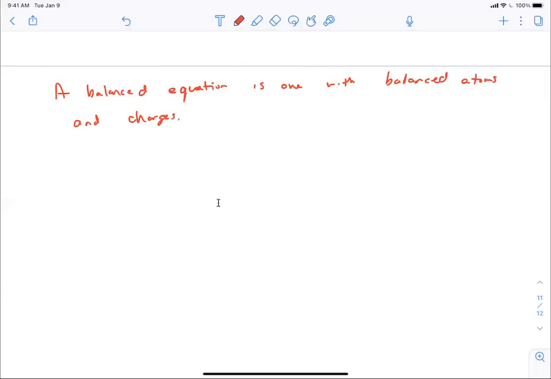All the balancing you did in 10th and 11th grade was generally with everything neutral, so you didn't have to worry about charges. You just had to balance the atoms and the charges would all work out.